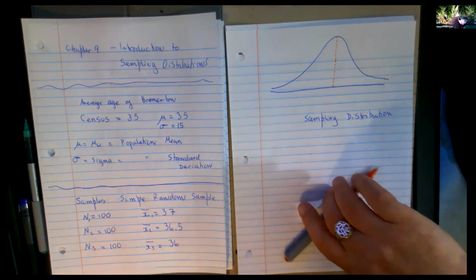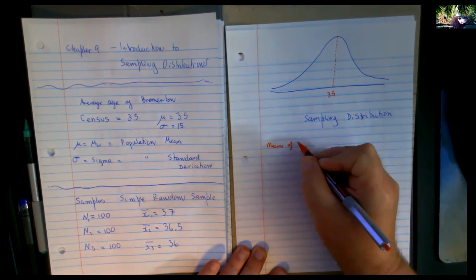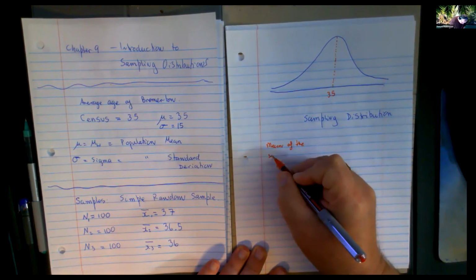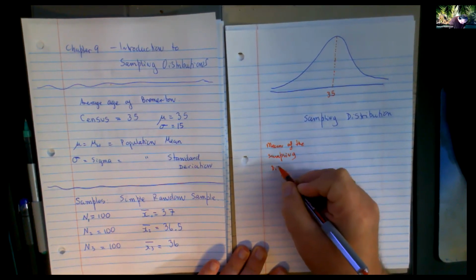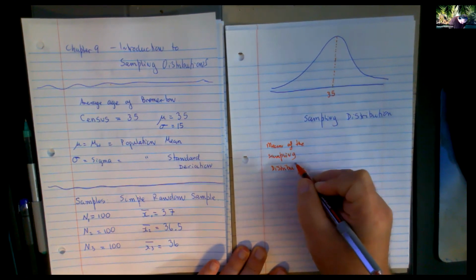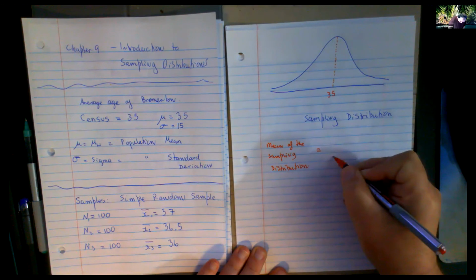And so the mean of the sampling distribution is equal to mu, the population mean. Now that's kind of useful, isn't it?